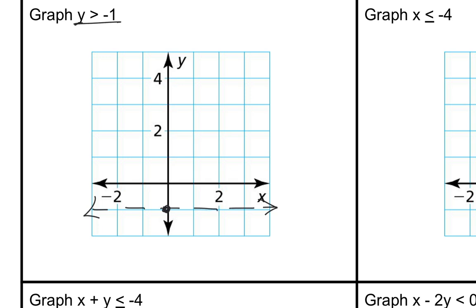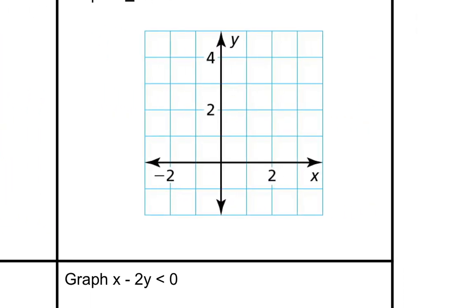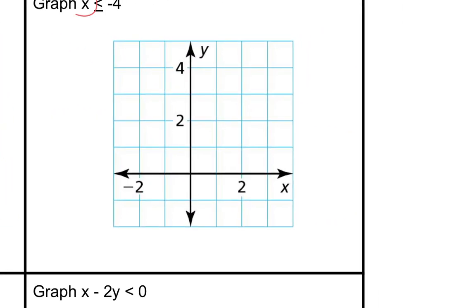And it says all your solutions are greater than, so we know that this one's going to look like this. Okay, all my solutions are greater than. And you really don't need a test point for that, but if I did plug in test point 0, 0, is 0 greater than -1? Yes.